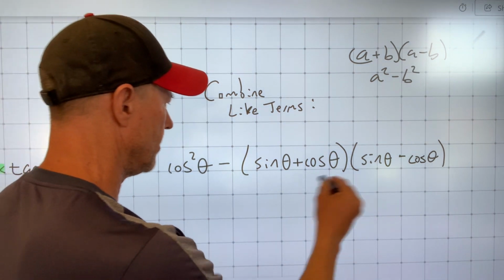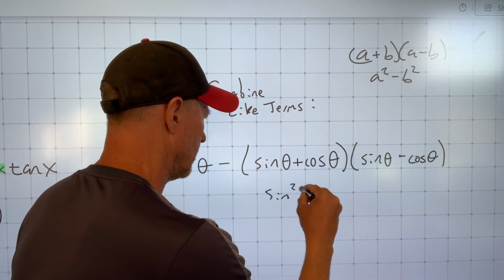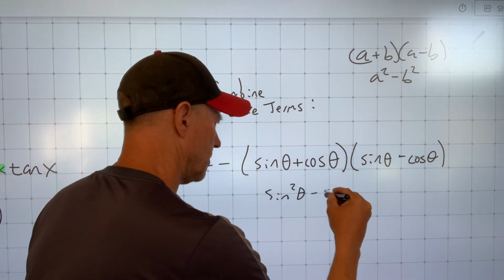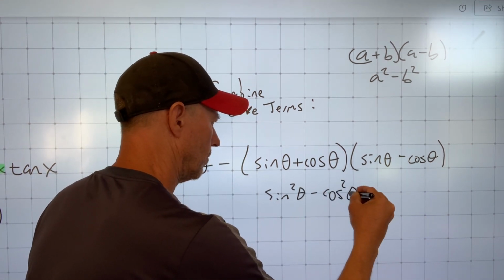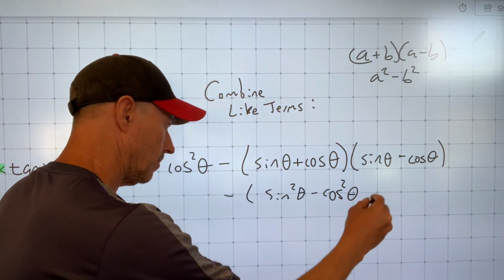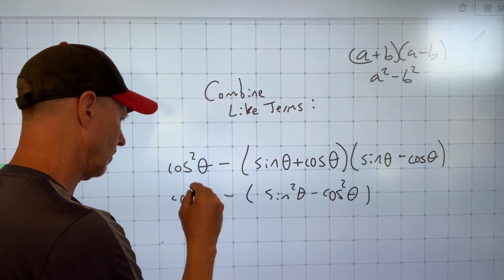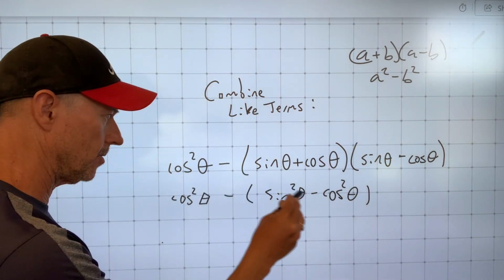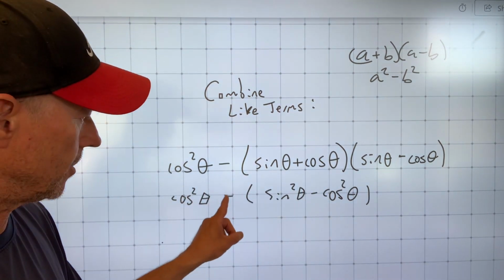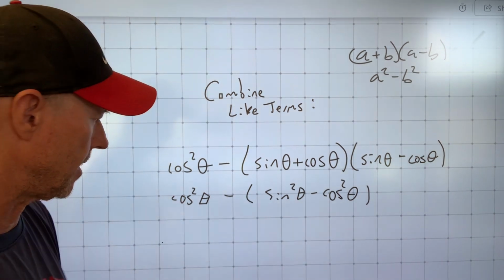Well, that's what we have here. So I'm going to get sine squared theta minus cos squared theta. But this minus is in front, so we need that. We need to hang on to those parentheses. They're going to be real important, because in order to combine, we're going to have to subtract. We're going to have to distribute this negative.